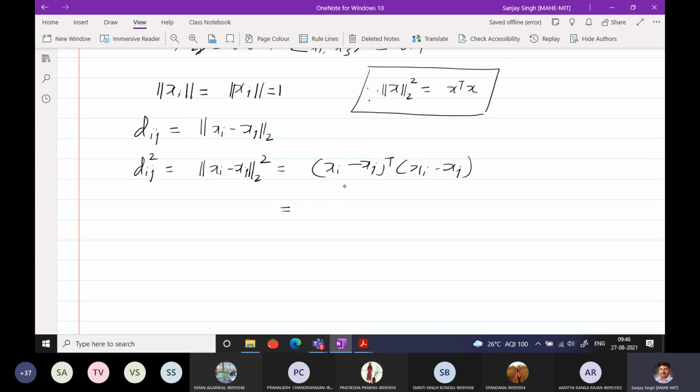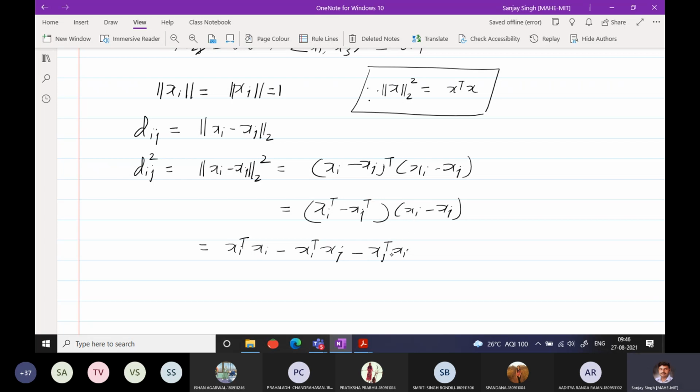We take the transpose inside, and there's nothing to worry about as such because there's no multiplication, so it will remain the same: xit minus xjt. Then we can just keep on multiplying in a conventional way: xit xi, then minus xit xj, then minus xjt xi.